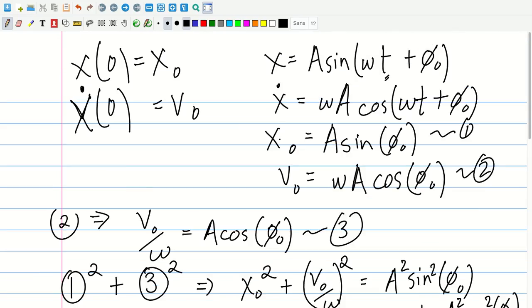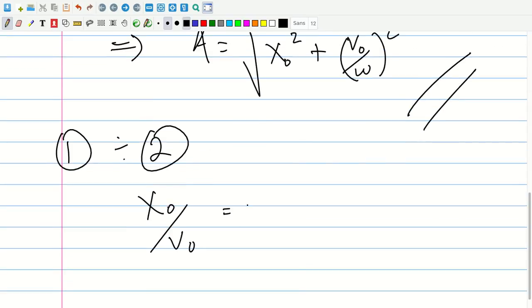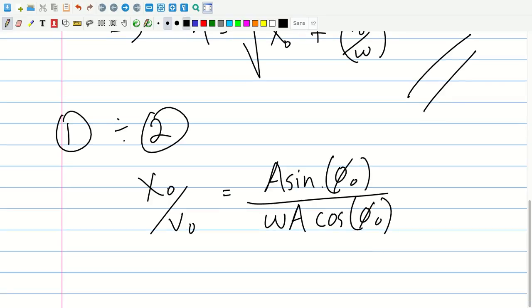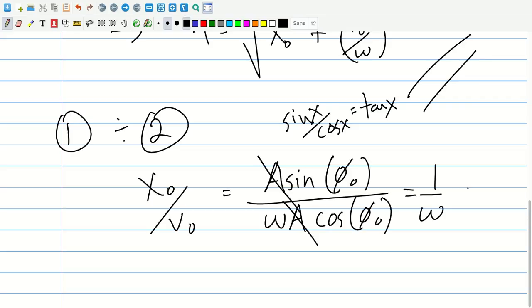Literally the left sides divide by each other, and then A sine of phi naught over omega A cosine of phi naught. Now the A's will cancel, very convenient. And you know that sine x over cos x equals tan x. So this ends up becoming 1 over omega tan of phi naught. Beautiful. So then omega x naught over v naught equals tan of phi naught.